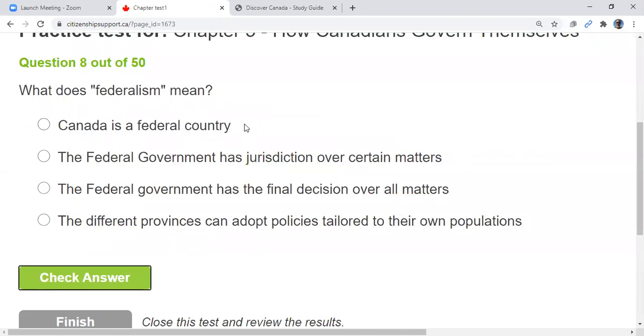Okay, and then now we're back to Mohammed, I guess, please. What does federalism mean? Wow.